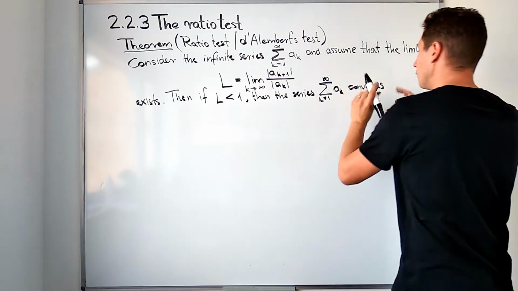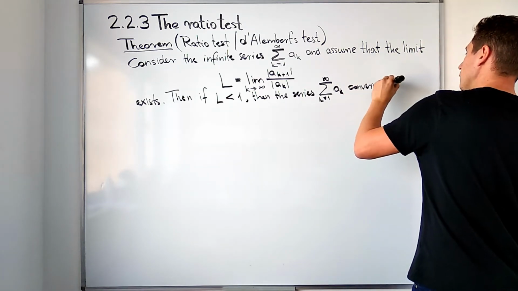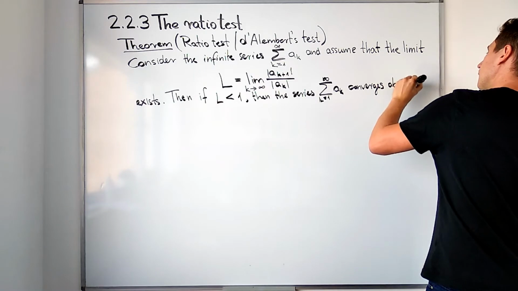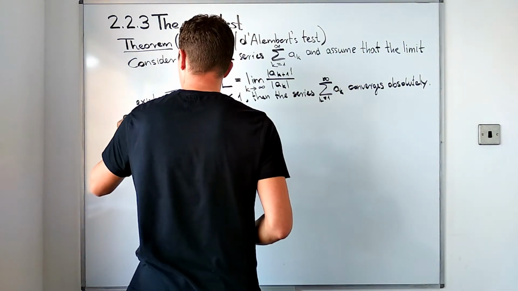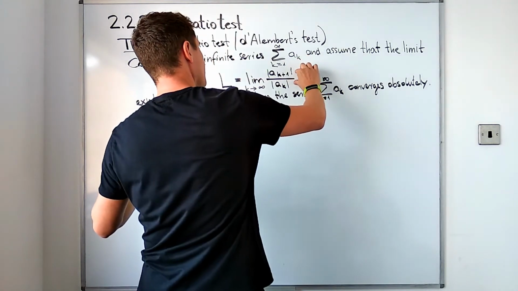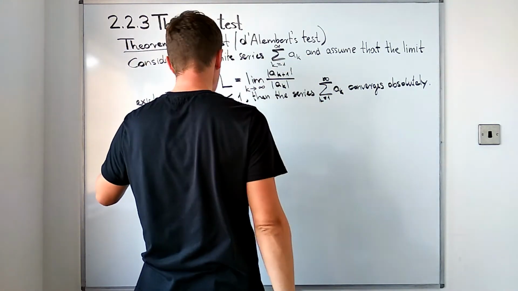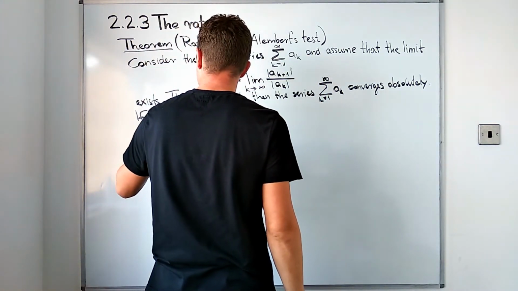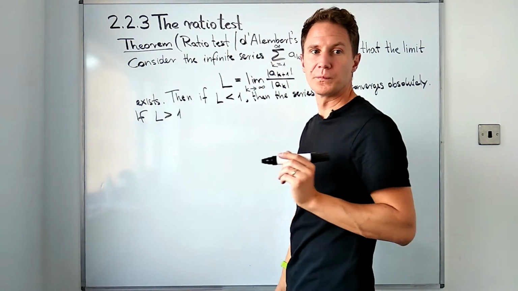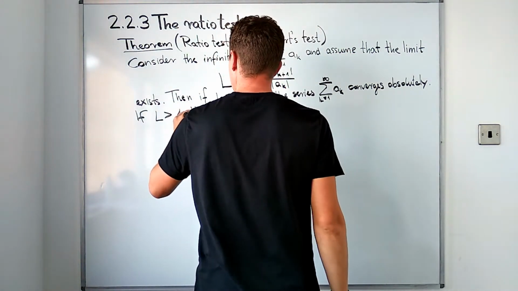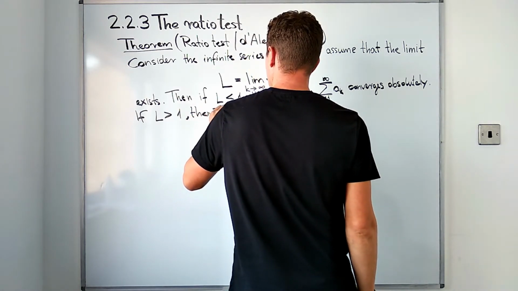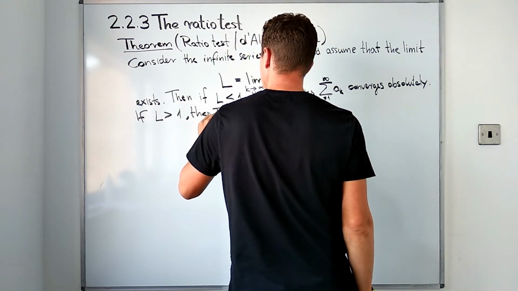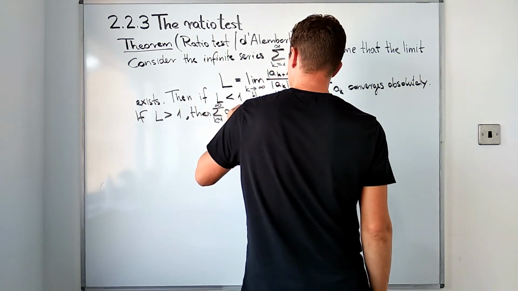So it's not just converging, but absolutely converging. On the other hand, if this limit of ratios of successive terms in absolute value is greater than 1, then the series is divergent. Then our series that we are interested in diverges.